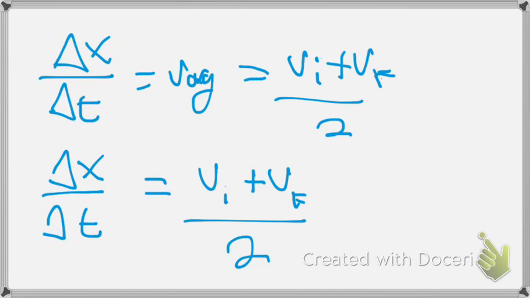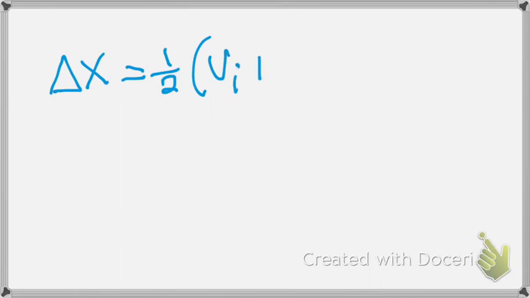So if we want to use this equation to solve for displacement, all we have to do is multiply both sides times change in time to get the displacement by itself, and the result is the equation change in displacement is equal to 1/2 times velocity initial plus velocity final, times change in time.